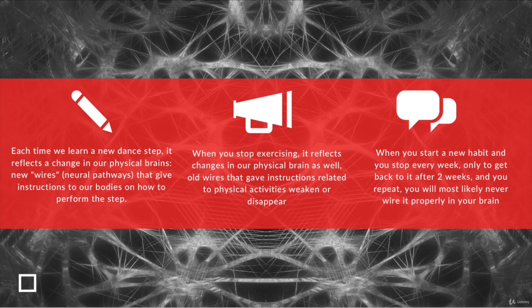And every single time you want to dance or you think about dancing, these neurons or neural pathways and structures and networks will fire together, thus creating a stronger link between each other, and of course, wiring your brain towards what was already wired. Now, conversely, when you stop exercising, it reflects changes in your physical brain as well. Old wires that gave instructions related to physical activities will weaken, and they might eventually disappear.